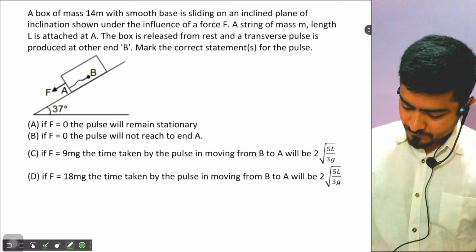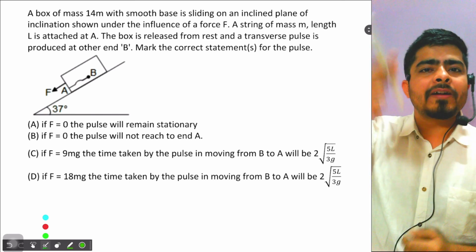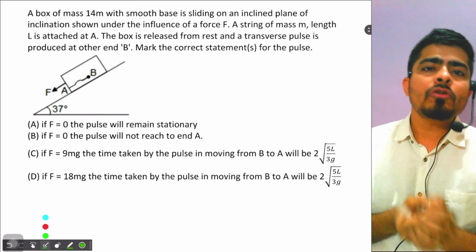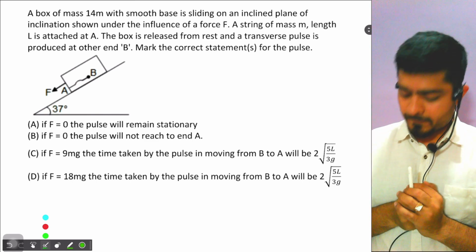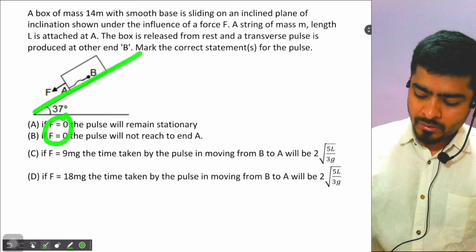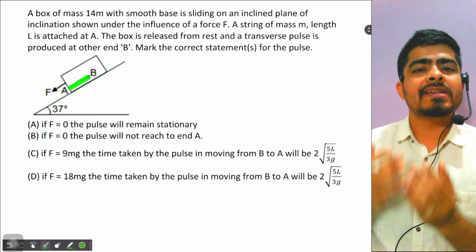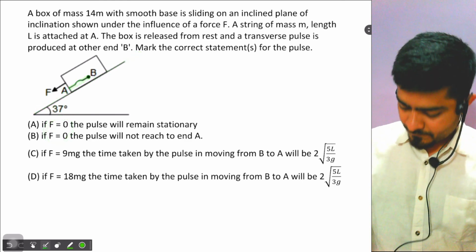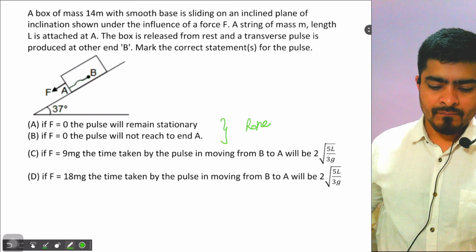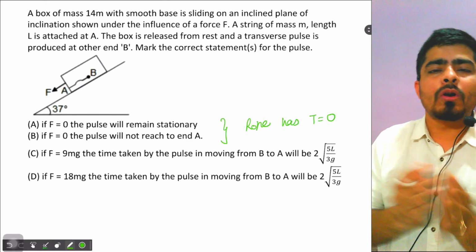So in case of free fall, if I drop a rod or let's say a rope, and it is under free fall, then there will be no tension anywhere inside the rope. That means if F equal to 0, along the incline they are falling similar to free fall, and therefore the rope has tension 0 throughout the length.